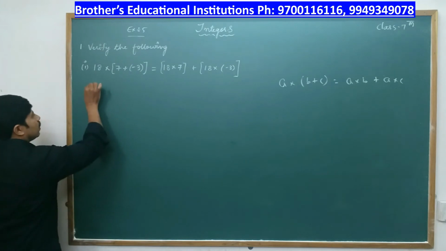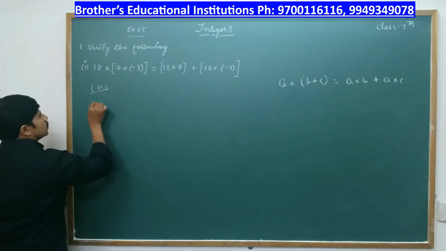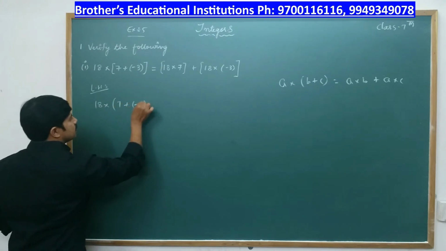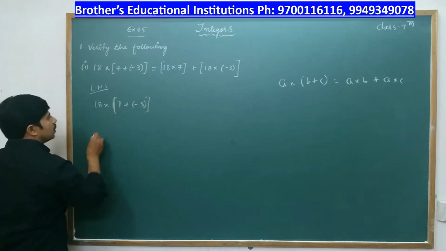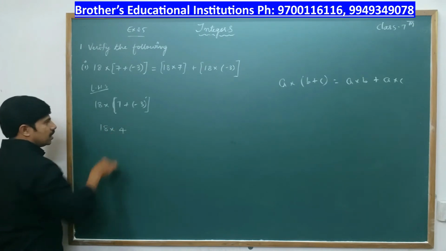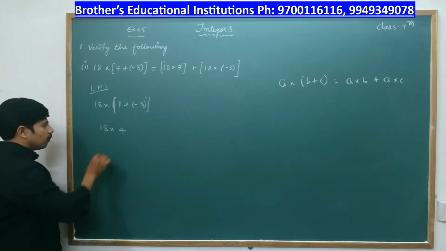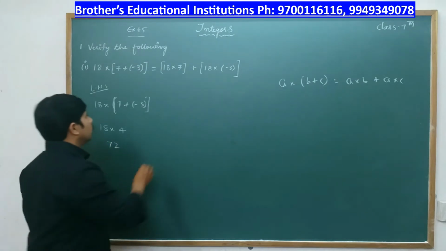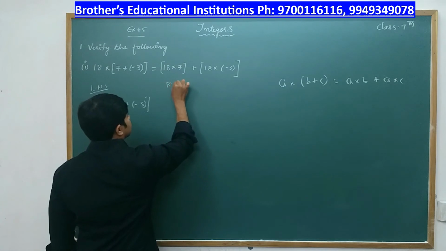To verify that, we take LHS. So LHS is 18 into (7 plus of minus 3). So 18 into (7 minus 3) we have to do. 7 minus 3 is 4. 18 4s are 72. This is LHS. Now we will take RHS.